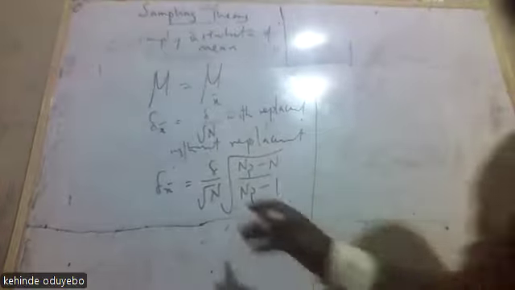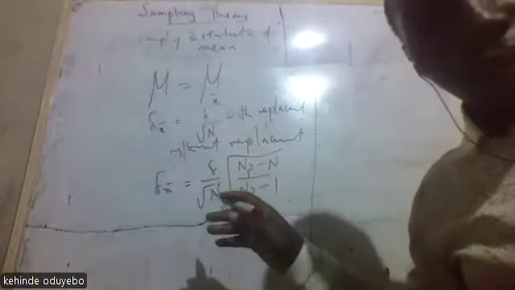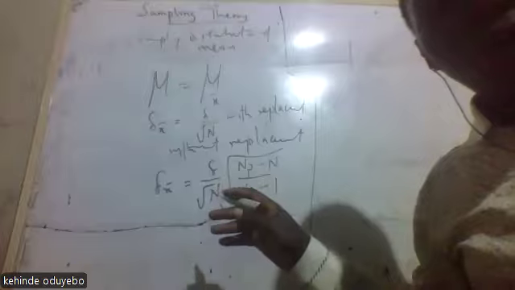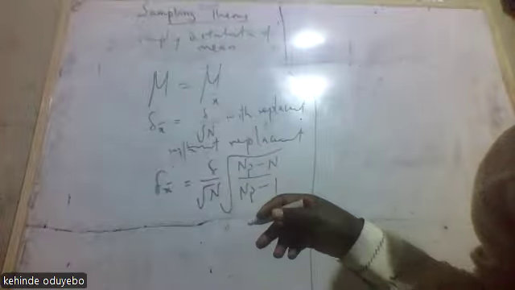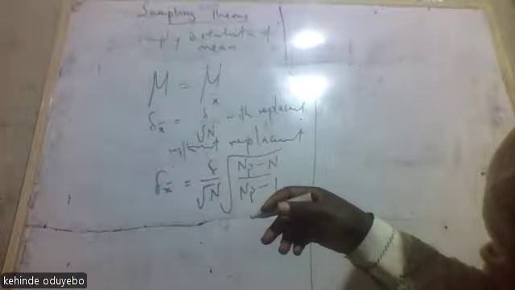So now we also have the one for proportion. That's where I'm going now: the sampling distribution of proportion. Let me write out the formulas again for proportion.